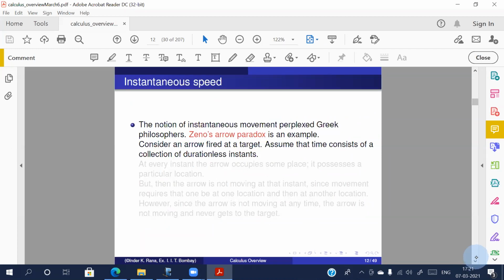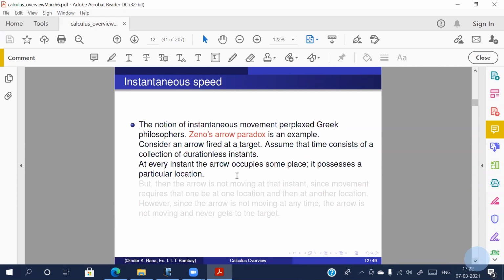There was another parallel problem, the speed of a moving body at a given instant, instantaneous speed. That was raised by Zeno in his paradox. He says an arrow is fired at a target, and assume that time consists of a collection of durationless instants.